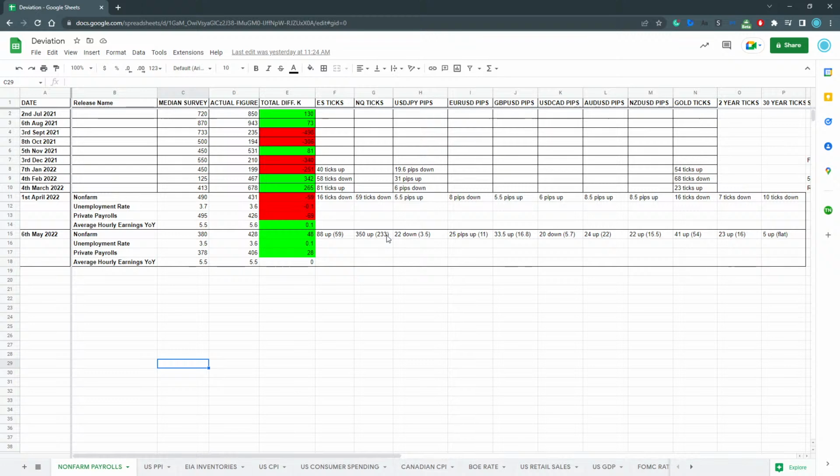The NQ, or the Nasdaq, was up by about 233 ticks. Dollar yen was down about 3.5 pips. Euro dollar was up about 11 pips. GBP, or cable, was up about 16.8 or 17 pips.